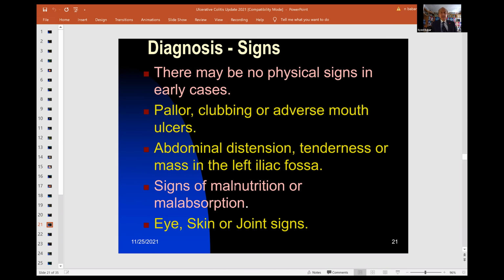In terms of signs, there may be no physical signs in early cases. There'd be features of anemia, features of immune deficiency characterized by opportunistic infections, abdominal distension, malnutrition, or extraintestinal signs.